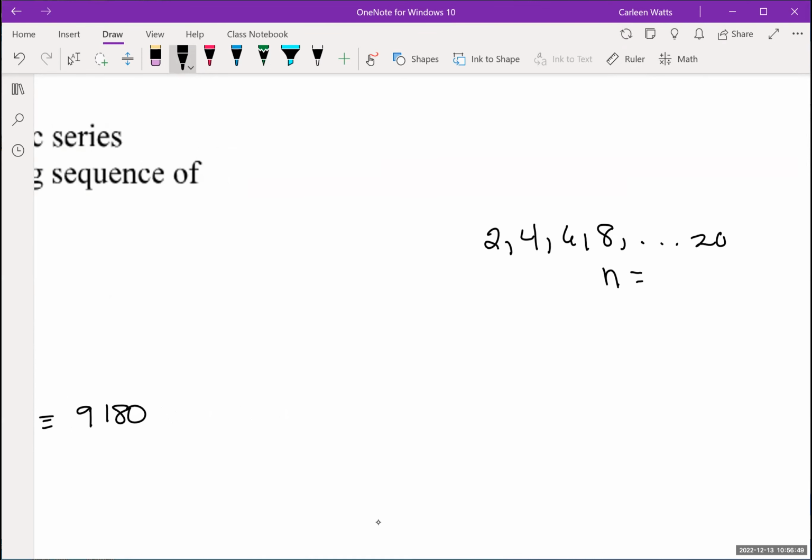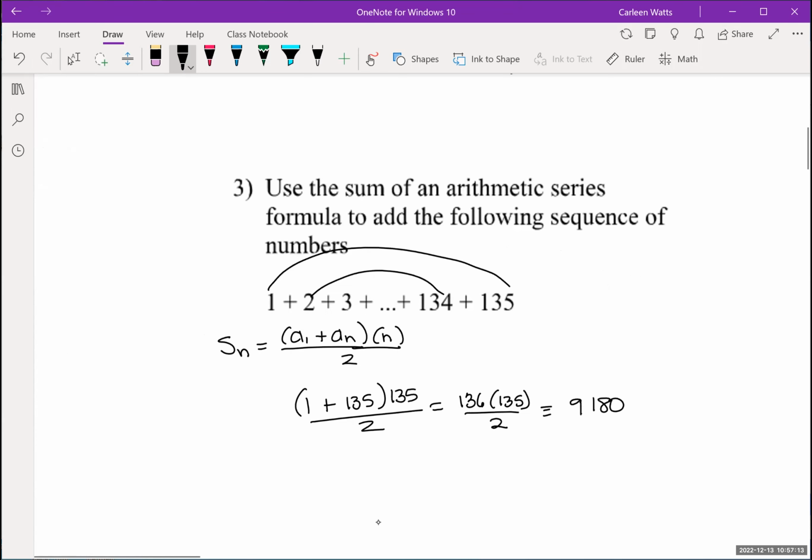Yeah, that was a 0. It's going by 2s. I have 10 terms. So be careful. N is not always the last term. You may have to do some calculating to figure out how many terms you have. So N would be 10 in that case.